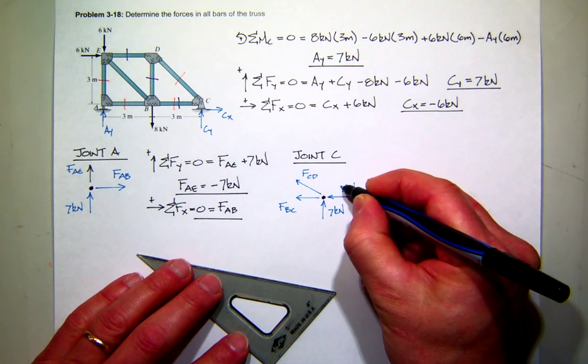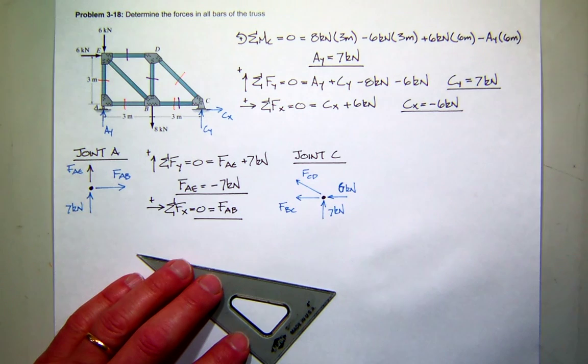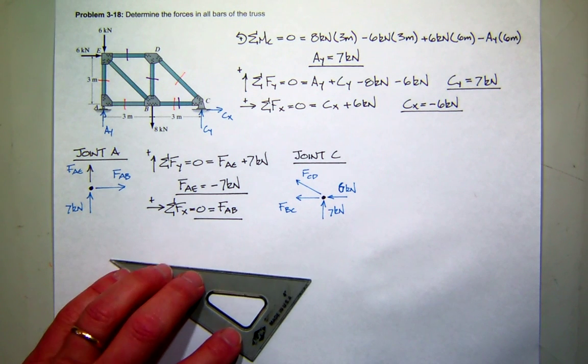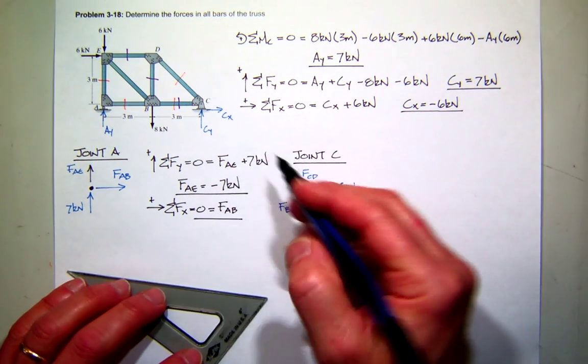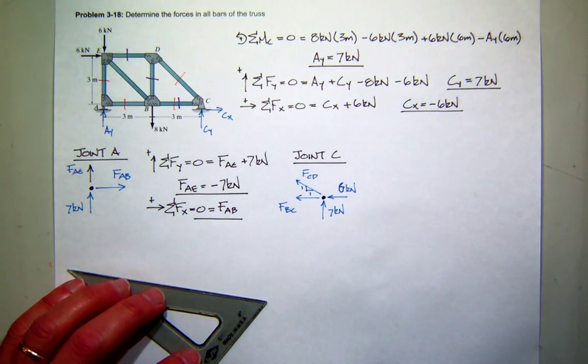Oh, 6, not 7. That's a 6. Doesn't look like a 6, but that's what it is. And while we're there, I'll go ahead and try to figure out the geometry of this force. Well, it looks like it's 3 to 3, so that's a slope of 1 to 1.